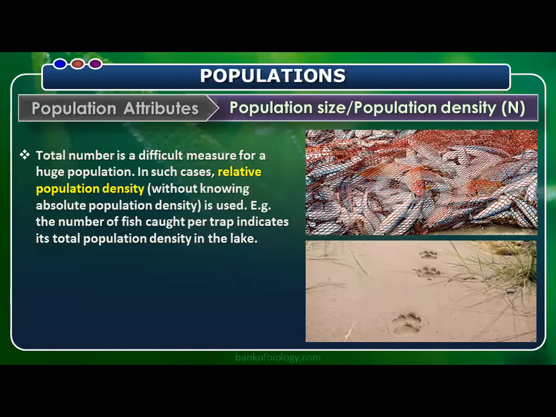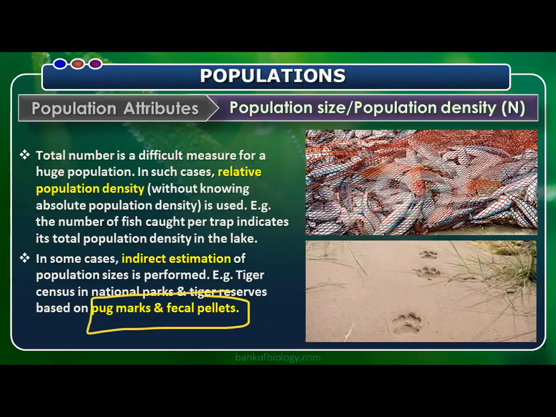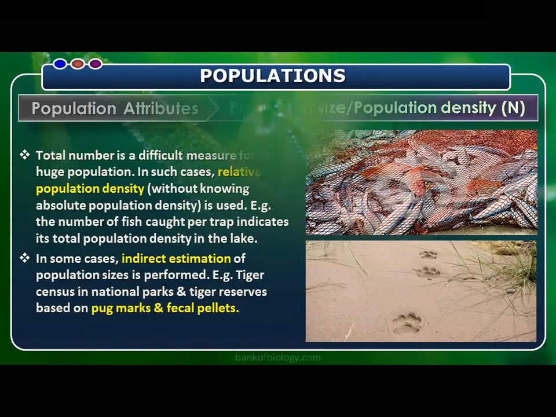So instead of absolute population density, we collect relative population density. The number of fish caught per trap indicates the total population density in the lake. In some cases, indirect estimation of population sizes is performed, like tiger census in national parks and tiger reserves based on pug marks and fecal pellets. That is to be remembered: pug marks and fecal pellets.